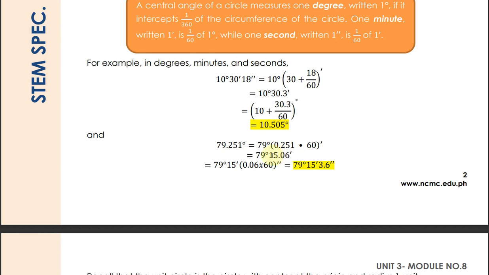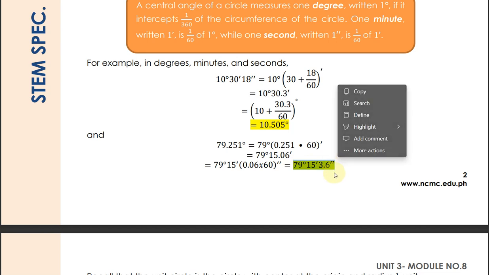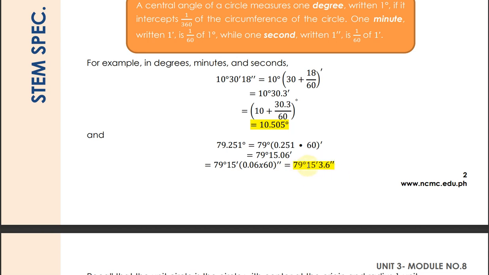So that is 15.06. Then again, multiplying the decimal part, 0.06 by 60, we get its second equivalent. So our final answer here is 79 degrees, 15 minutes, 3.6 seconds.